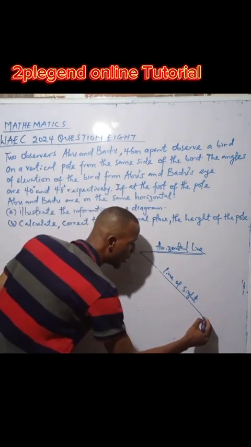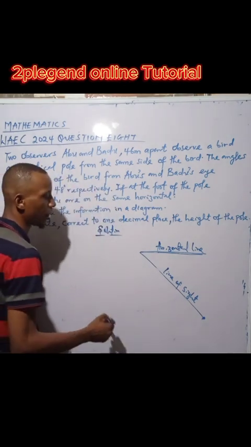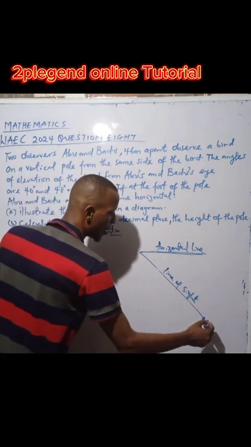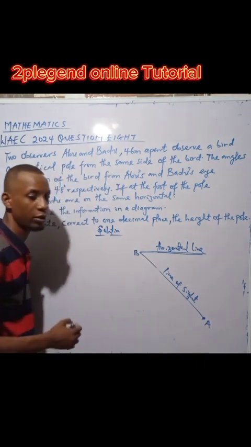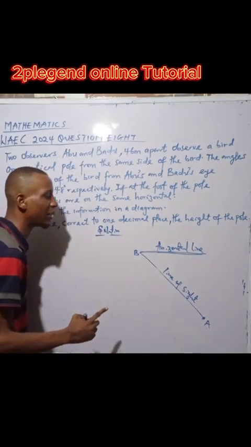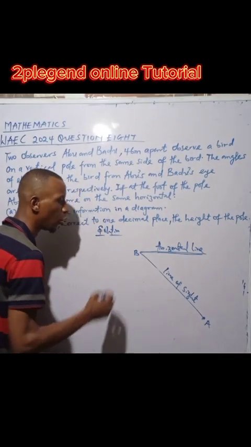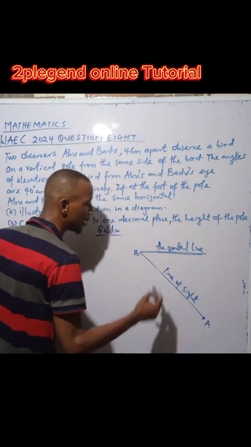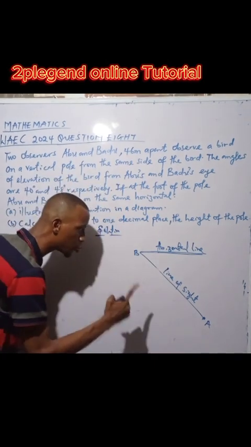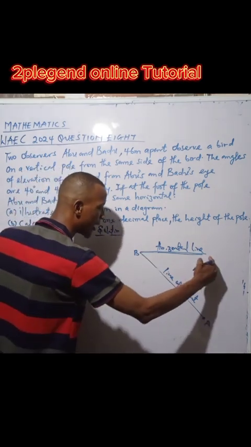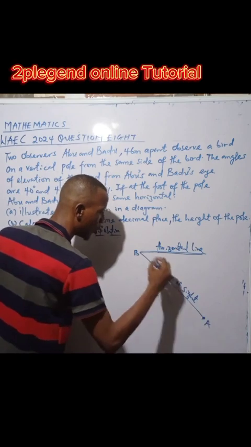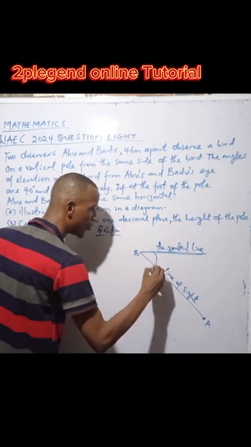Now, let's assume that we have point A and we have point B. The angle of elevation or depression is always found in between, I repeat, keyword, in between the horizontal line and the line of sight. So this is where the angle is.